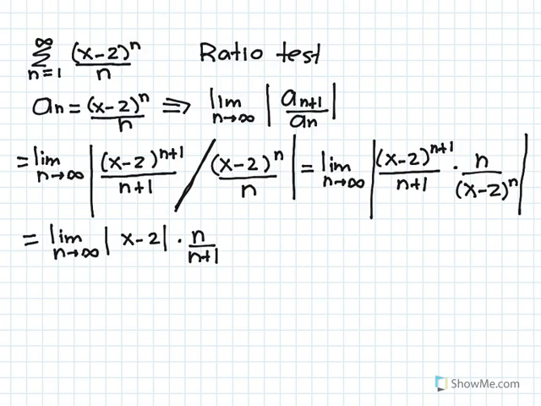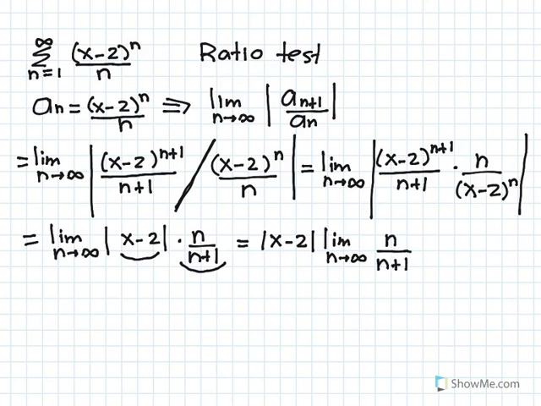Notice we put the absolute value only on x minus 2 because that's the only part that could potentially be negative. n over n plus 1 is always positive, so we don't need the absolute value on that term. Now taking the limit as n approaches infinity, let's remove the absolute value term outside the limit: the absolute value of x minus 2 times the limit of n divided by n plus 1.